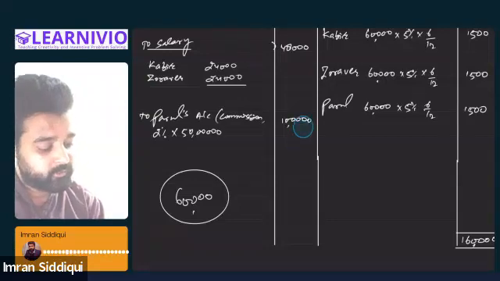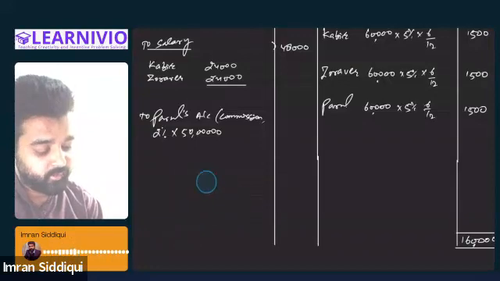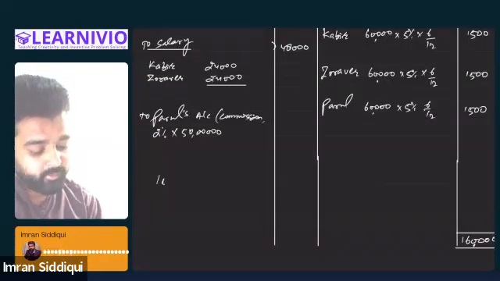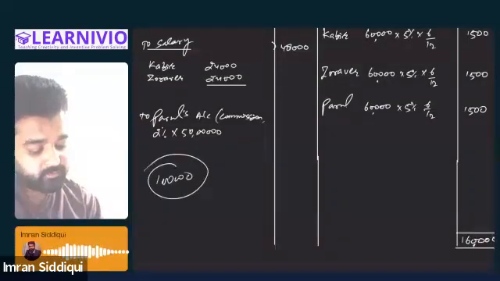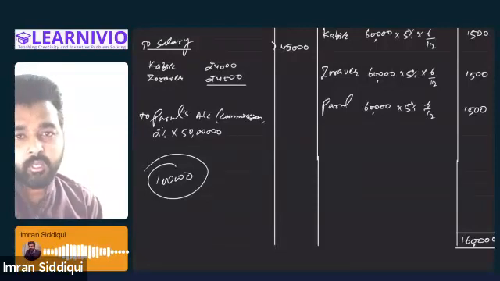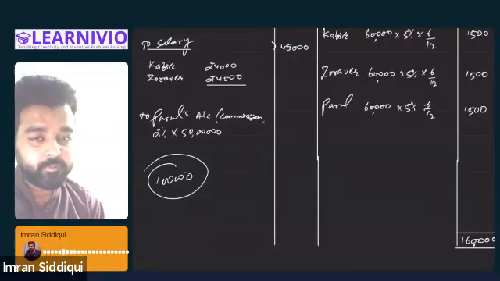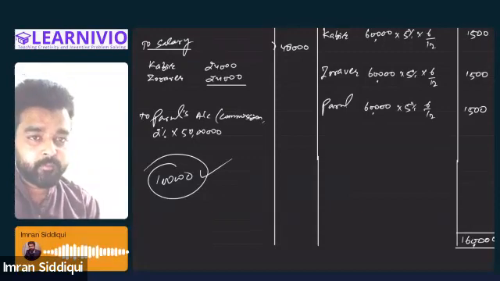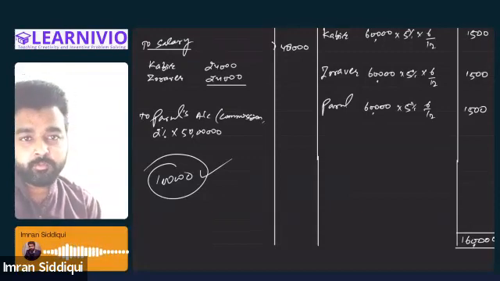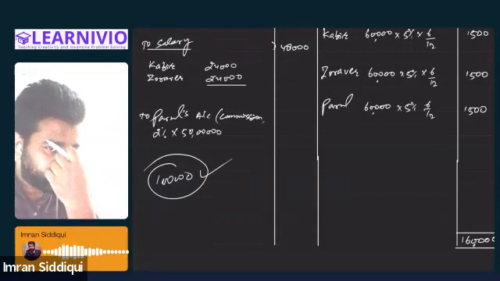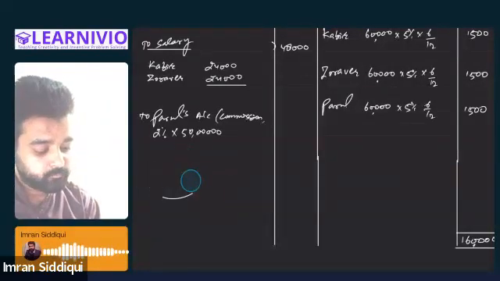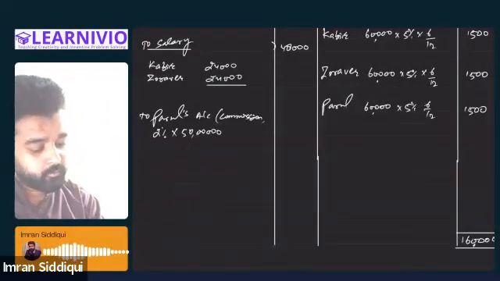Calculating the commission upon the sale, the total value comes to 1 lakh, but we don't have sufficient profit to make this payment. Since we don't have sufficient profit, we cannot pay more than the available profit. So we'll simply pay only 60,000.